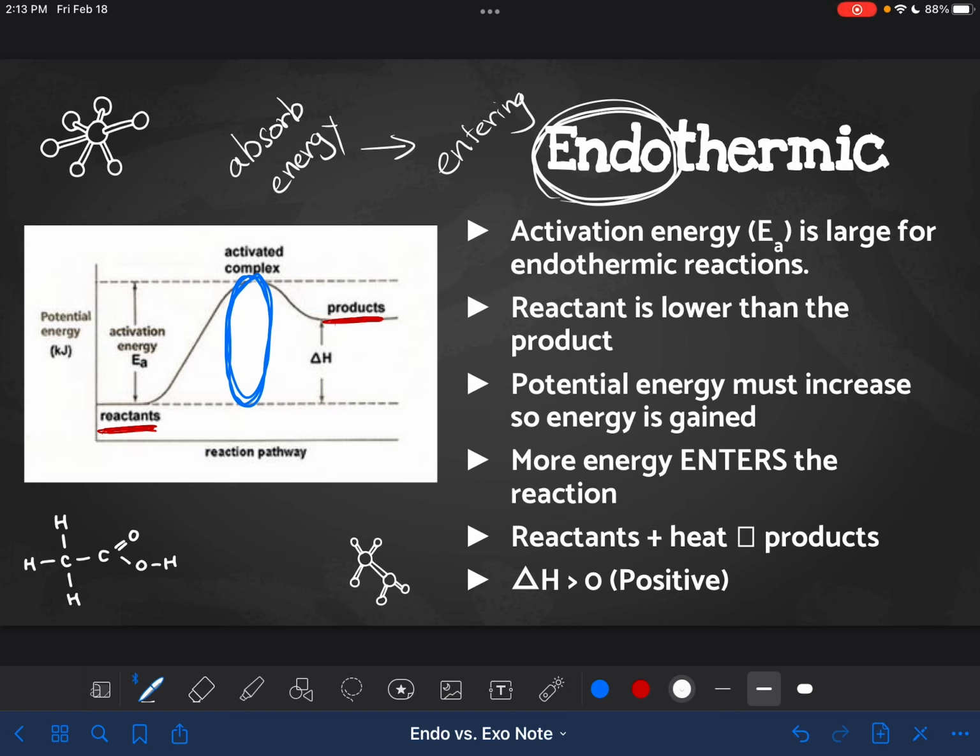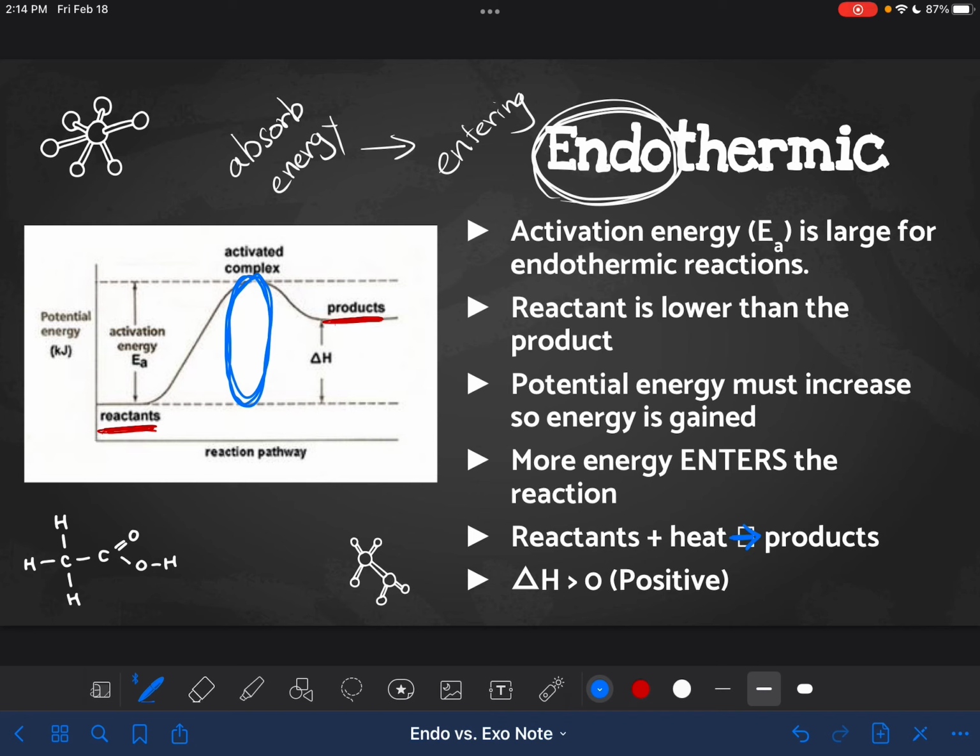Now, you might see the word heat on the left side, because since you're absorbing energy, we start out with heat inside. So in this case, there should be an arrow sign: reactant plus heat gives us product.